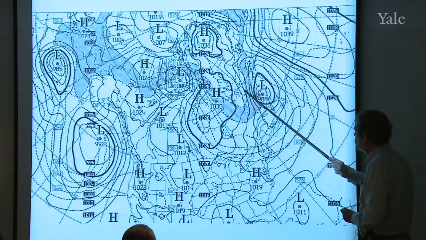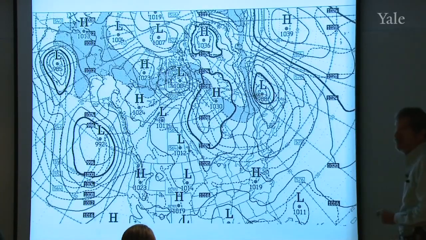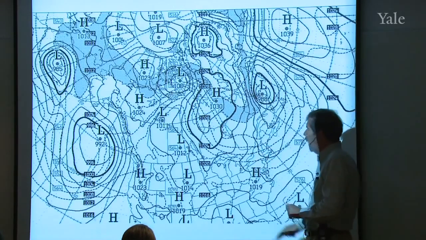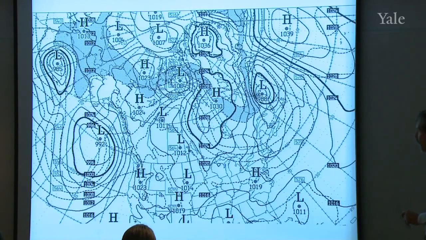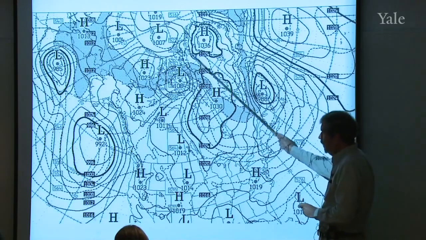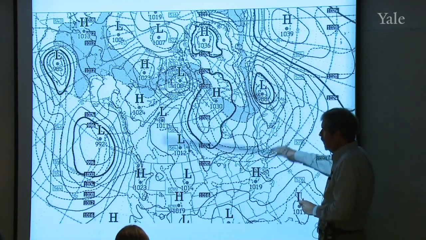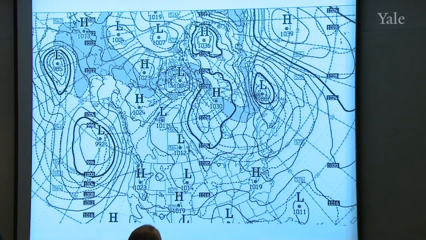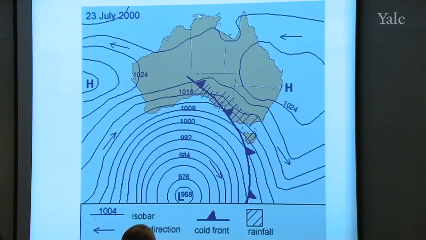And the speed of the wind is related to the packing of the isobars. So the mid-latitude and the high-latitude atmosphere is just loaded with these eddies. And one of their jobs is to pump heat northward to balance the heat budget of the high latitudes and low latitudes, which I spoke about last time.